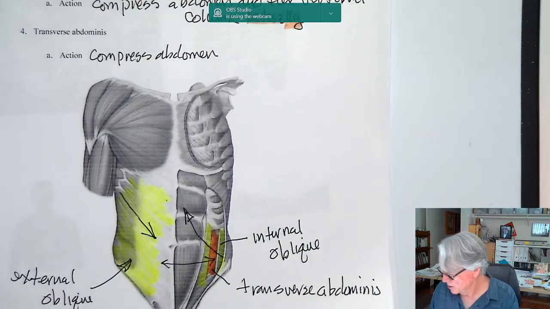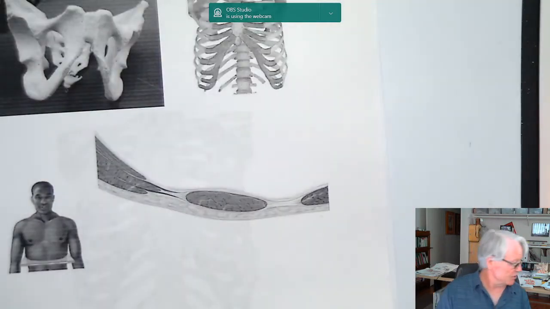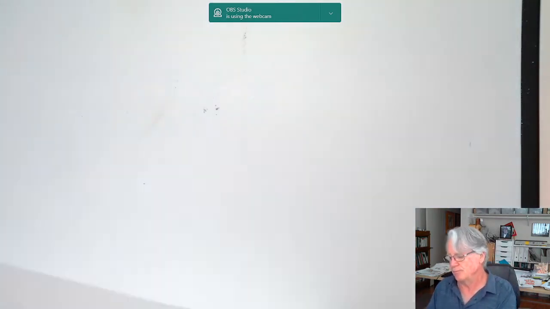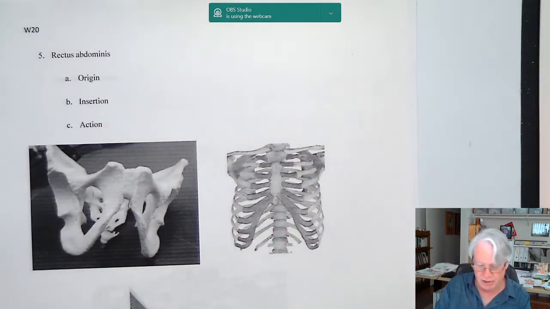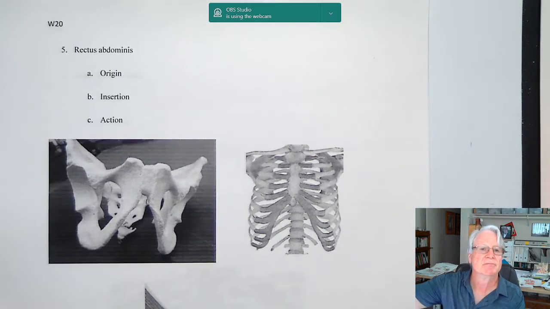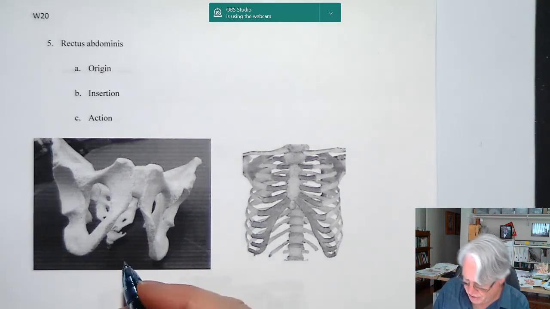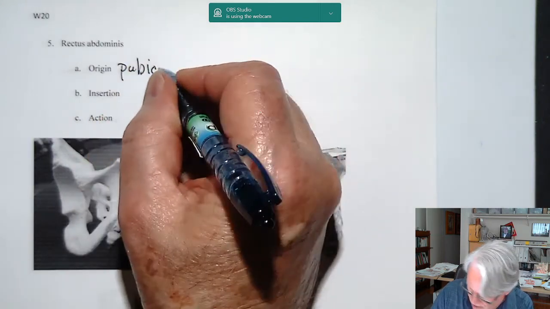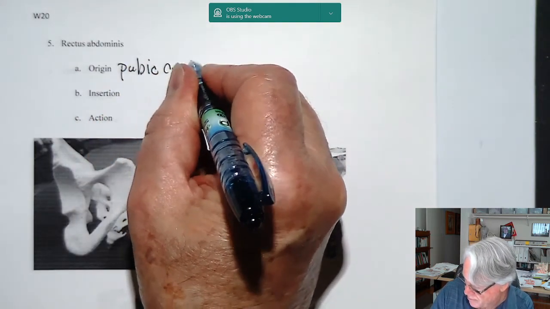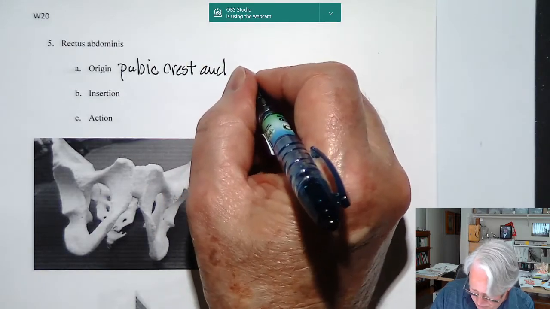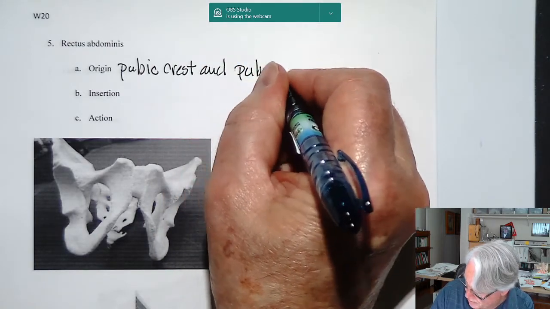All right. The next set of muscles is going to be the rectus abdominis. Let's go ahead and get the information for that muscle. The origin is the pubic crest and pubic symphysis.